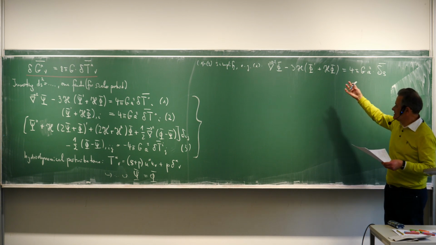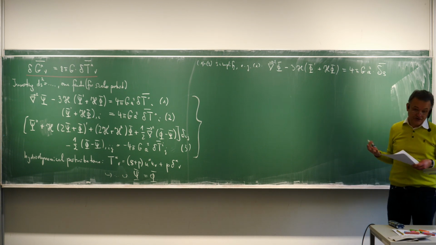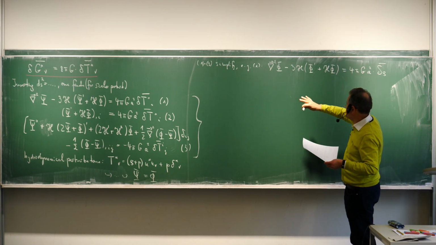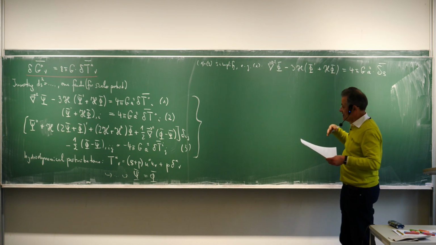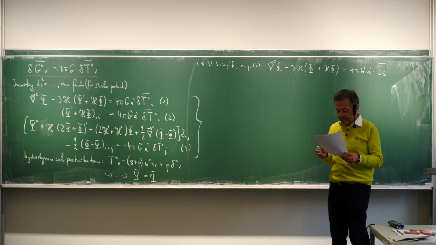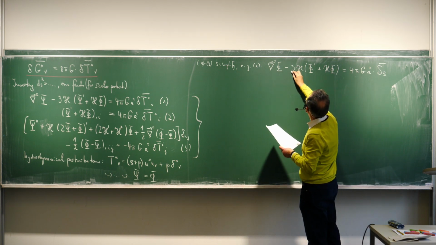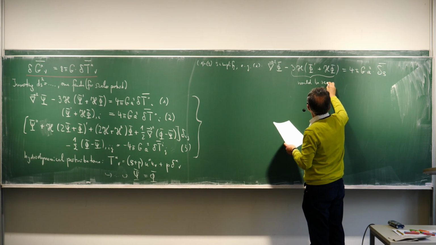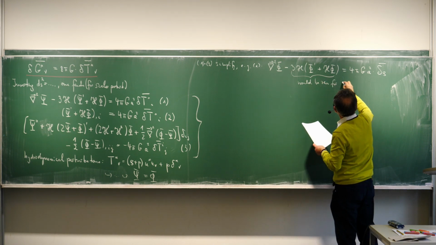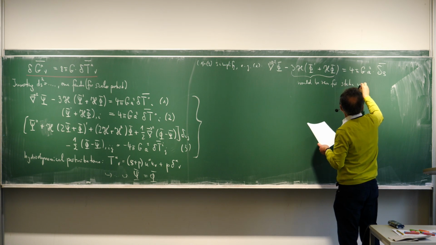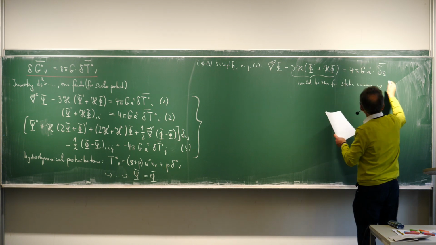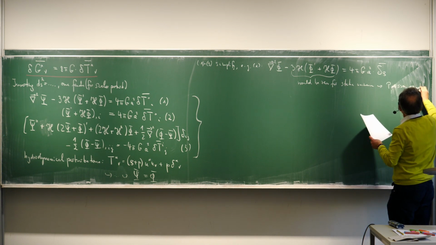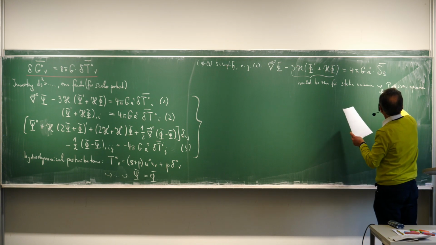Of course, this is not to be confused with Newtonian theory, but in this linearized regime and for a static universe, you would have again something like the Poisson equation. So this term would be 0 for a static universe, and then we have back the Poisson equation for the Newtonian potential.